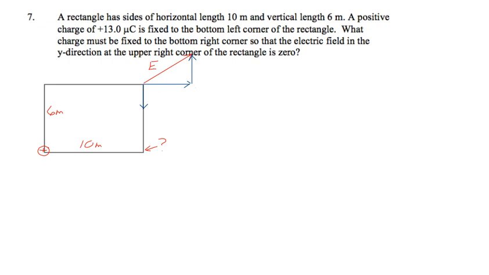The next thing I need to do is, I know that if I draw a line from here to here, the angle here is going to be the same as the angle there. And I need that angle in order to figure out how much that is, because that's the y component of my electric field.